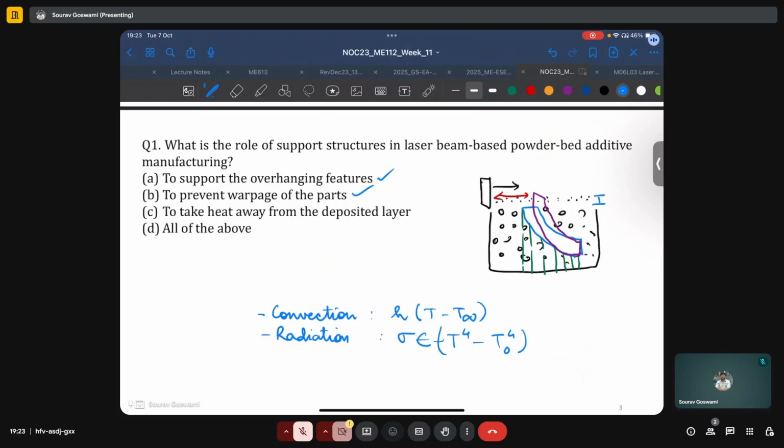And then there is heat conduction away from the part by the substrate. Typically, it is not counted as a loss, but rather the loss is mostly accounted from the convection and radiation.